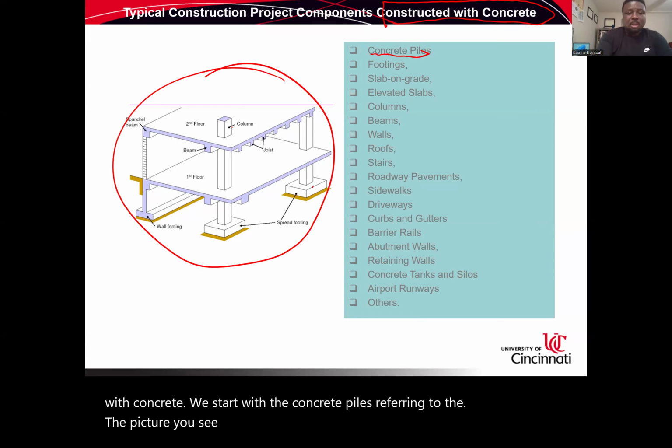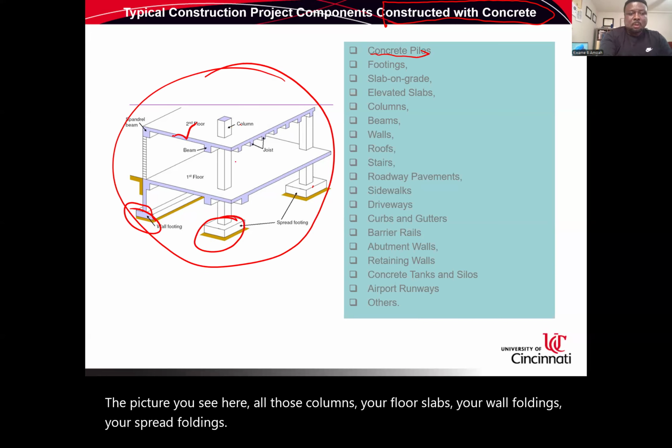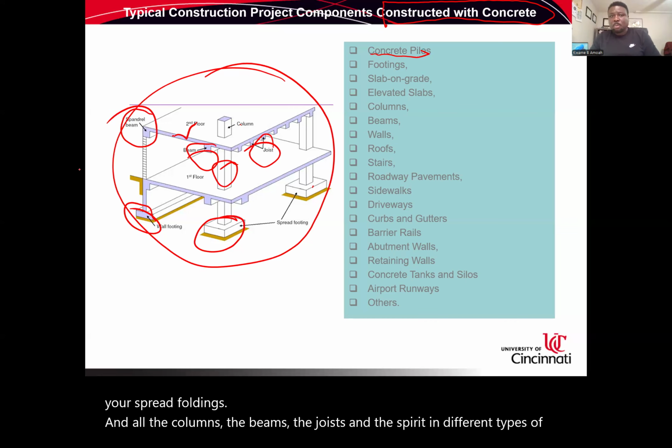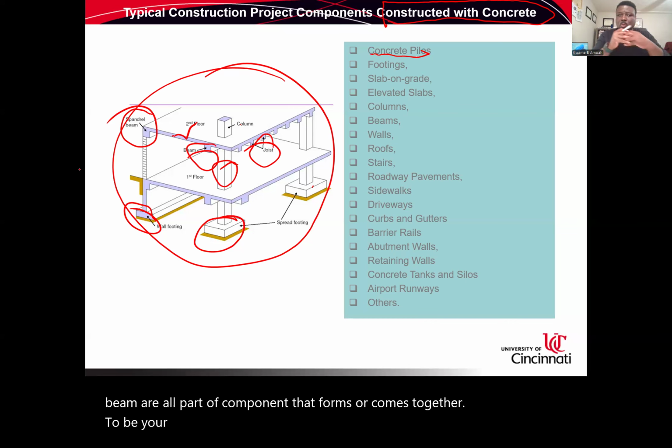All those columns, your floor slabs, your wall footings, your spread footings, and all the columns, the beams, the joists, and the spiral beam, different types of beam, are all part of components that form or come together to be your concrete elements or concrete items.